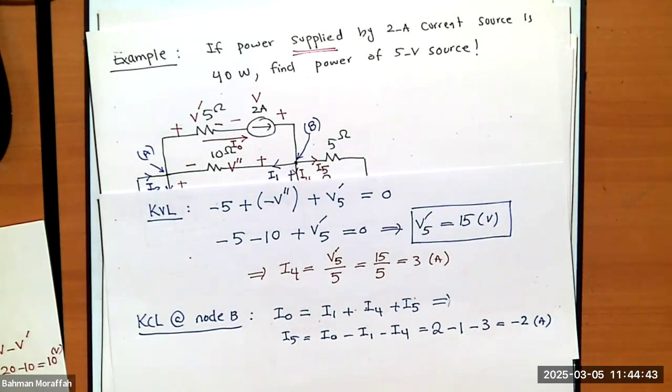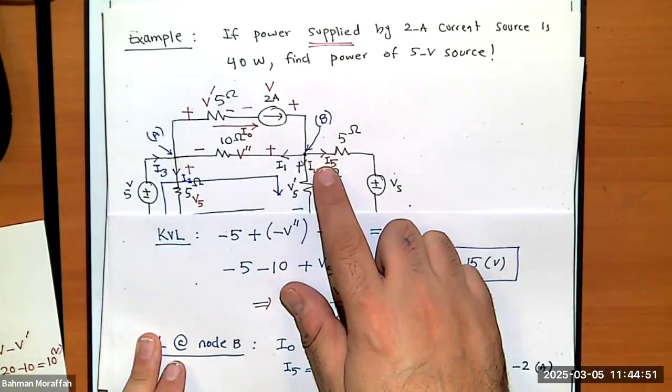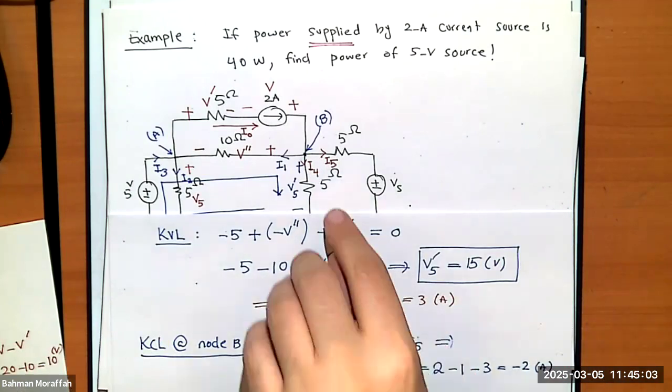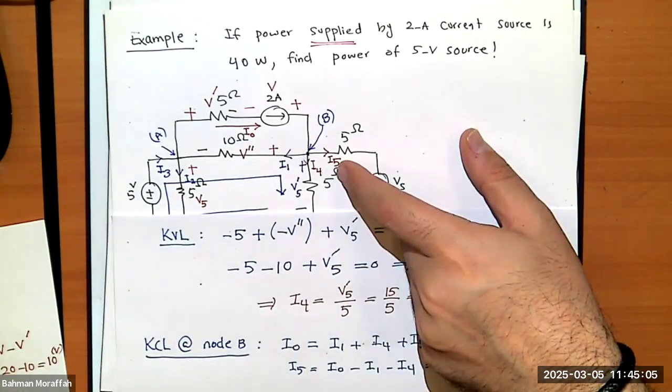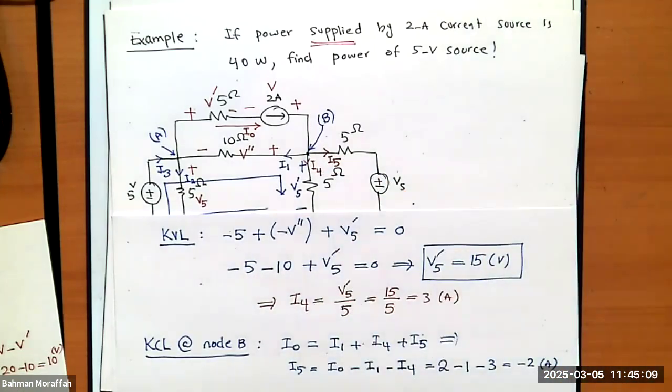What does that tell me? It just tells me if I wanted the positive direction for the current, that should be the reverse of this direction, because it's negative. So if I make the direction backwards, then that would be 2. That's all it tells me.